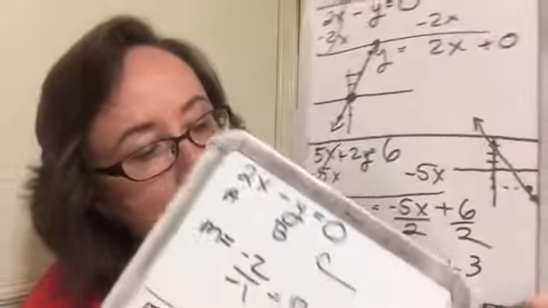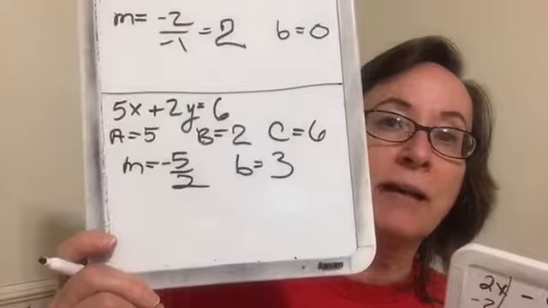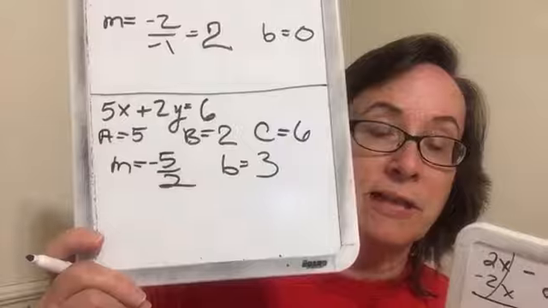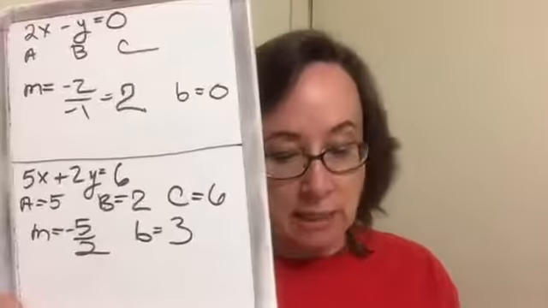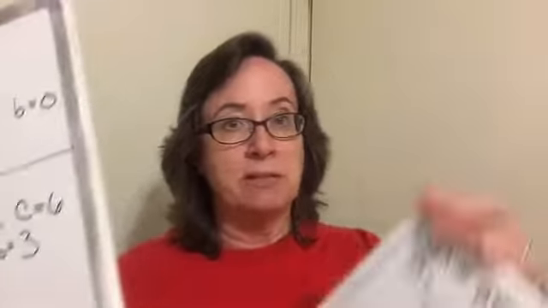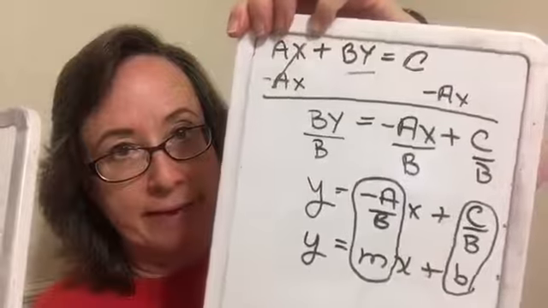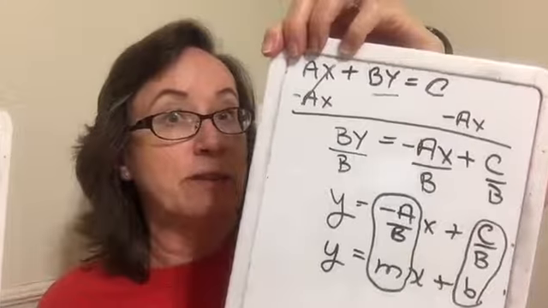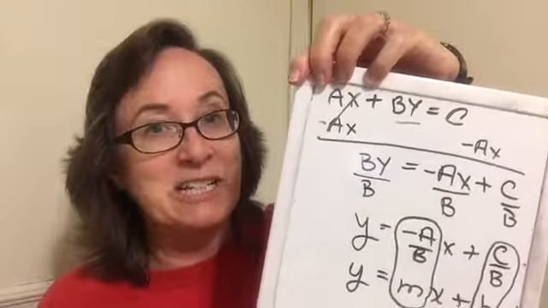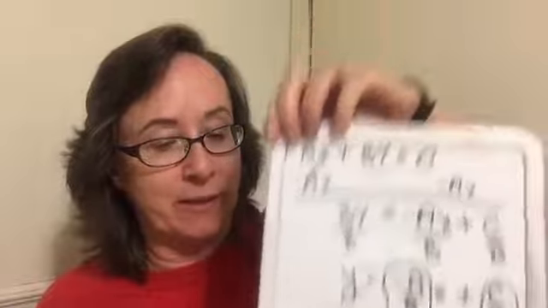And then we got 3 for our y-intercept, and over here we got 3 for our y-intercept. So that's just a little shortcut based on some very sound math here. It's a shortcut you can choose to use or not. I just wanted you to have it available. So you're going to get the same results whether you use the little shortcut or not.